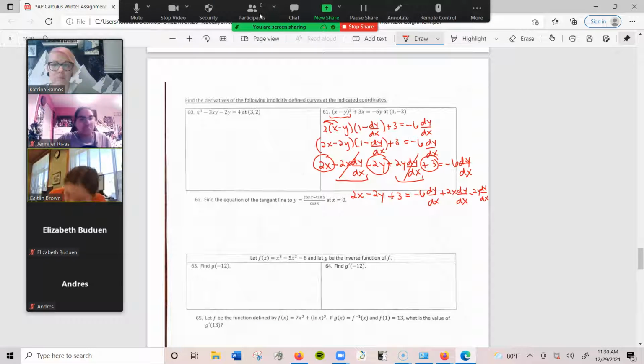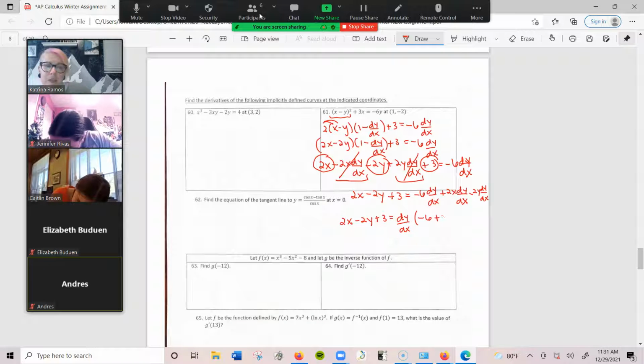Okay. So once you have all your dy dx's on one side, you can factor out the dy dx. So we have 2x minus 2y plus 3 equals, taking out the dy dx, negative 6 plus 2x minus 2y. Now I can divide by all of that over to the other side.